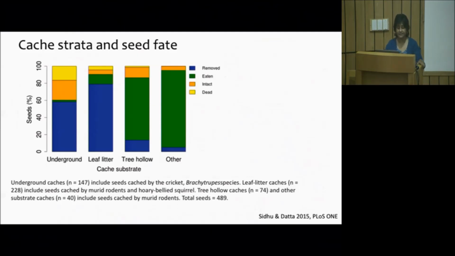Whereas in the case of leaf litter, which held most of the seeds, they were cached by rodents and hoary-bellied squirrel. There were some caches in the tree hollows and other kinds of substrates, mainly by murid rodents, where a lot of them ended up getting eaten ultimately. In the leaf litter, a lot of them got further removed.